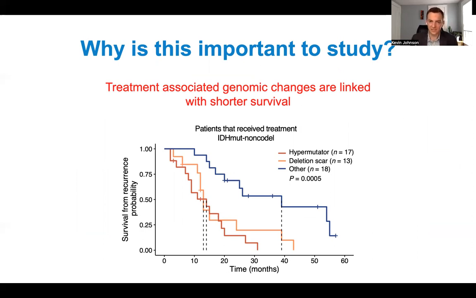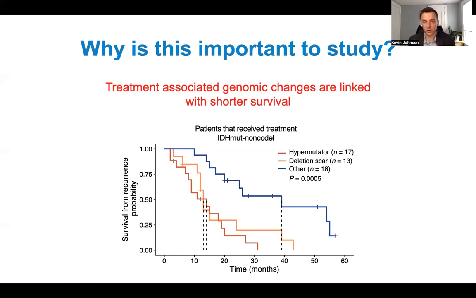And what this tells us is that these treatment-associated genomic changes really reflect therapy-resistant mechanisms by the cancer cells that allow them to become more aggressive even when they are being hit with these therapies that are intended to kill them. And so really that is a point of our study, to understand how these tumor cells are able to come back in some patients and lead to a recurrence.